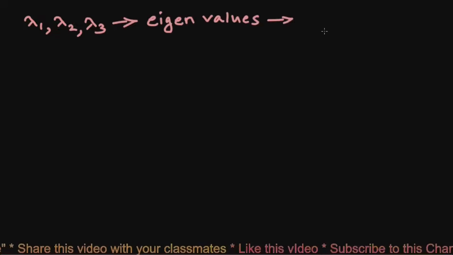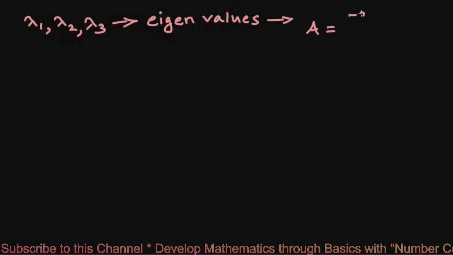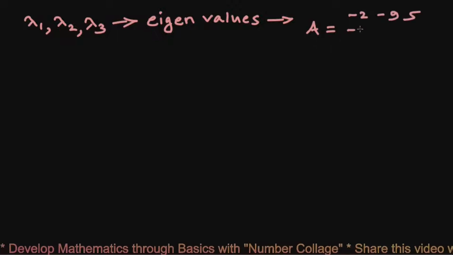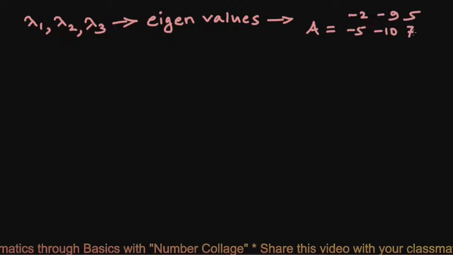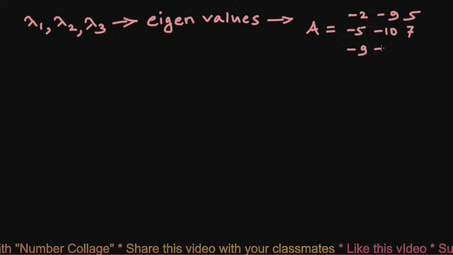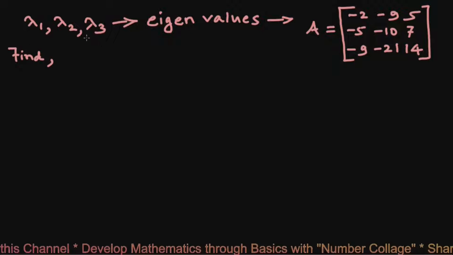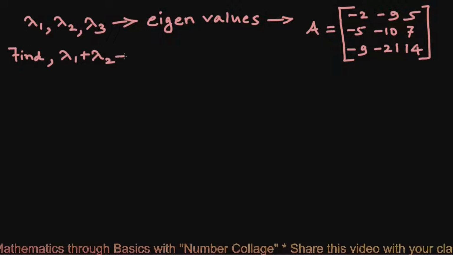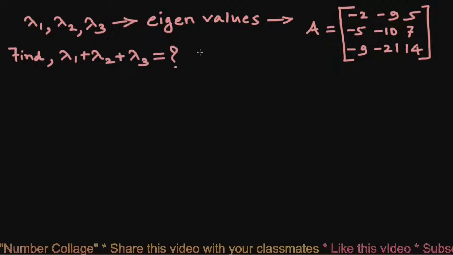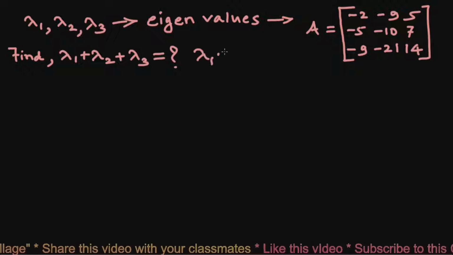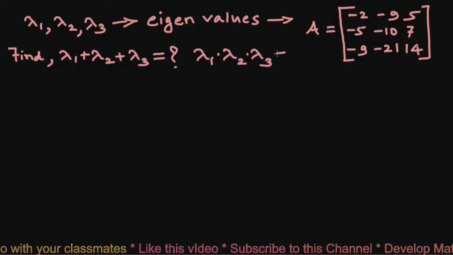Now we will solve a problem based on this. If lambda 1, lambda 2 and lambda 3 are the eigenvalues of matrix A: -2, -9, 5; -5, -10, 7; -9, -21, 14, then we have to find the sum of eigenvalues lambda 1 plus lambda 2 plus lambda 3 and the product of eigenvalues lambda 1, lambda 2 and lambda 3.